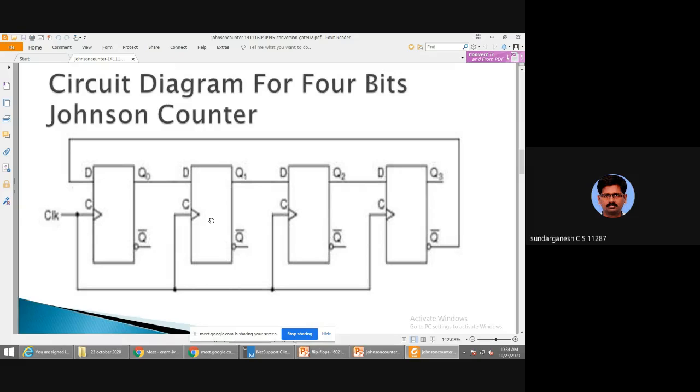If 5 bits, draw 5 flip-flops. The last flip-flop output Q bar should be taken as input to the first flip-flop D input. Then draw the corresponding truth table and the corresponding timing diagram. It is very, very important.